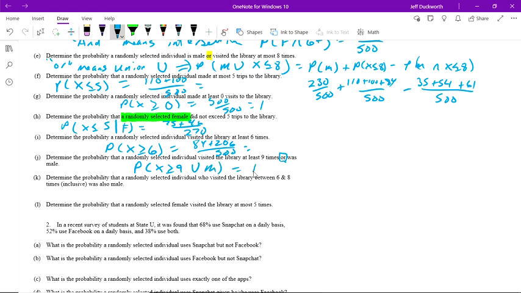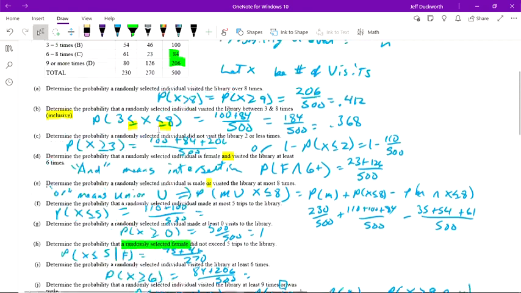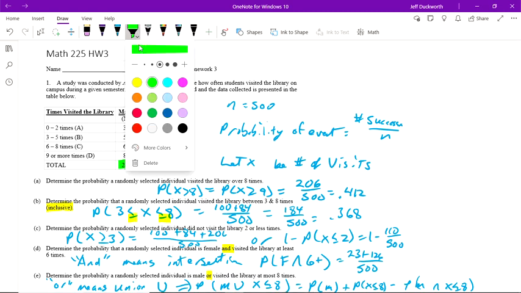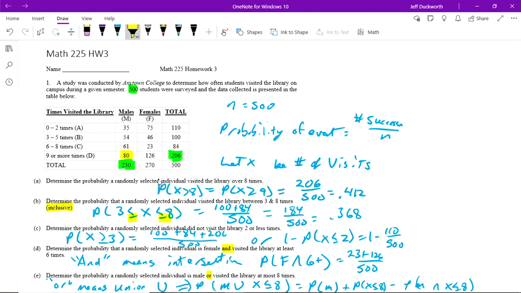So our additive rule means the probability that x is greater than or equal to 9 plus the probability that we have a male minus their intersection, male and greater than or equal to 9. So greater than or equal to 9 is simply this 206. Male is this 230, and then their intersection is 80, which is what we're going to be subtracting off.